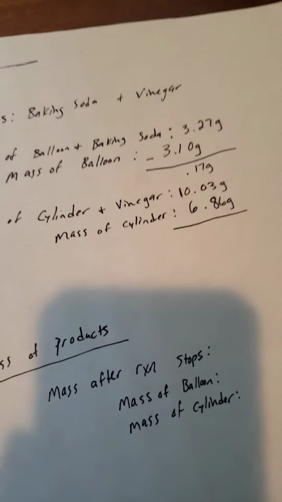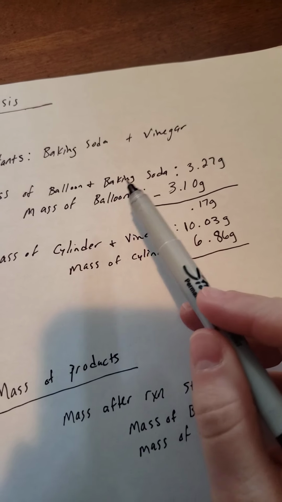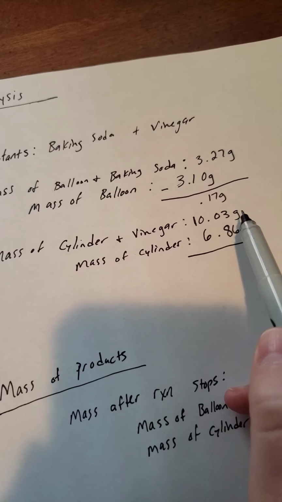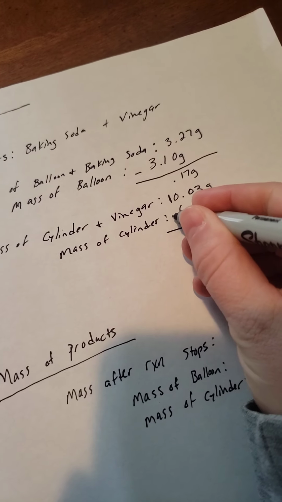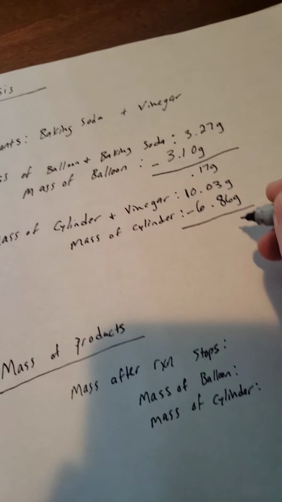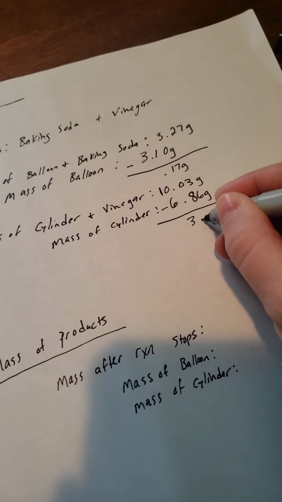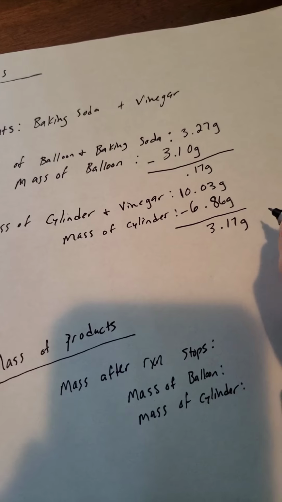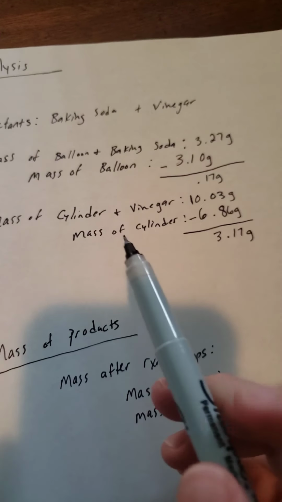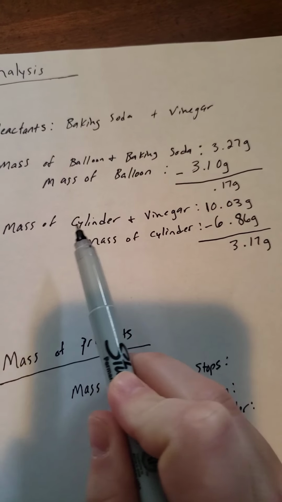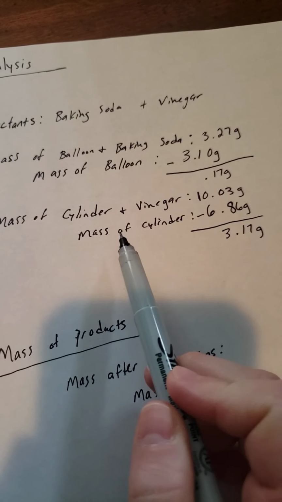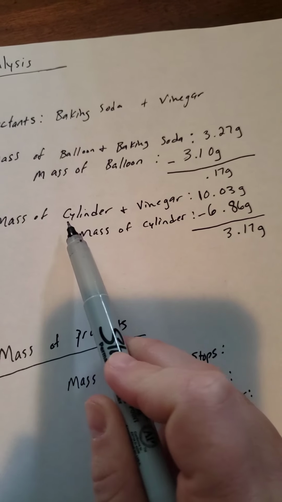I've written that down as well. Just like before, we're going to do the same process. We take this number and subtract it, and we get 3.17 grams. Hopefully you all see that the mass of the cylinder plus the vinegar is this number, and we take out the mass of the cylinder.